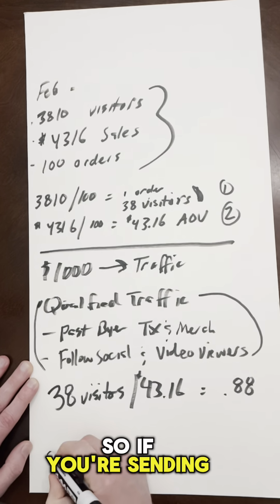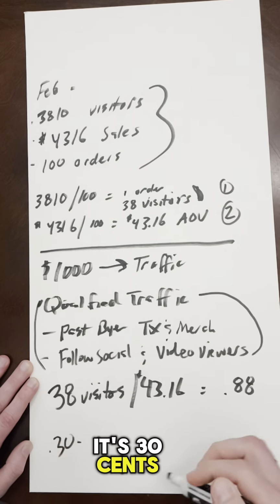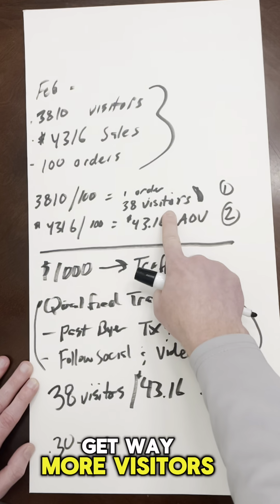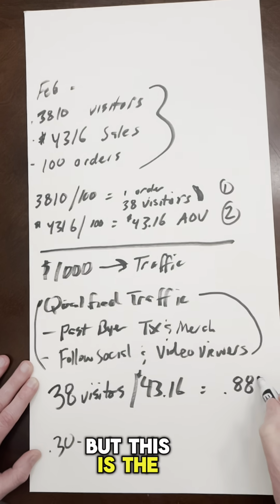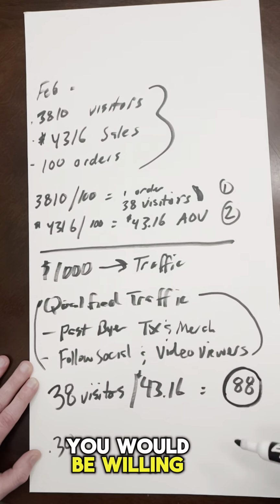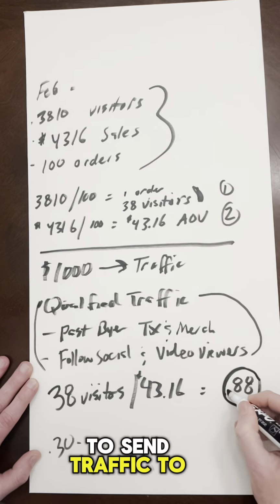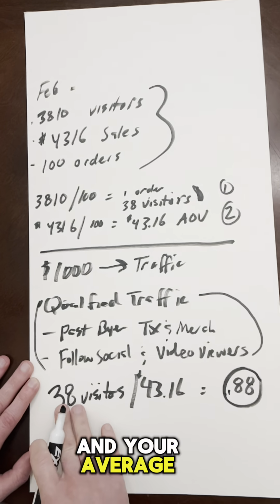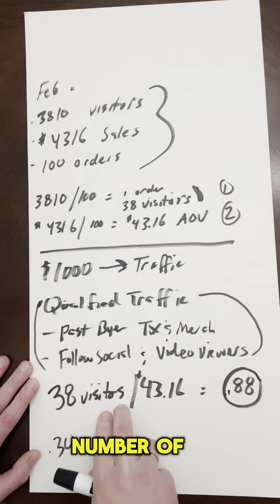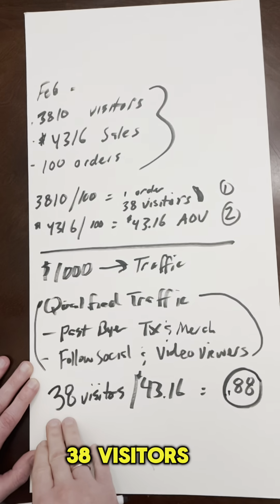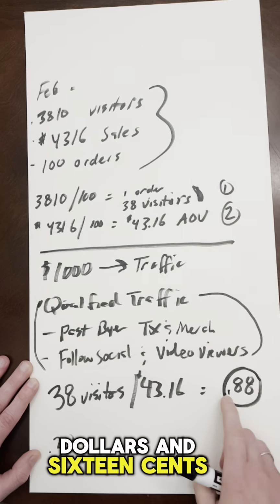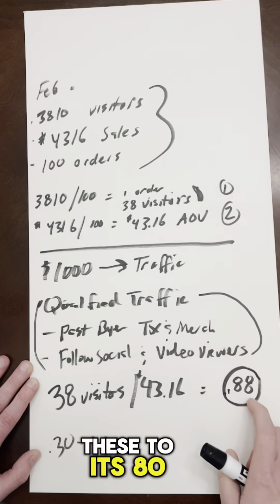If you're sending traffic over at 30 cents, that's great. That's going to beat your 88, and you may actually get way more visitors that way. But this is the most you would be willing to spend to send traffic to your store, knowing your average order value and your average conversion of your total number of visitors. So in this case, 38 visitors equals 1 sale, which equals $43.16. When you divide these two, it's 88 cents.